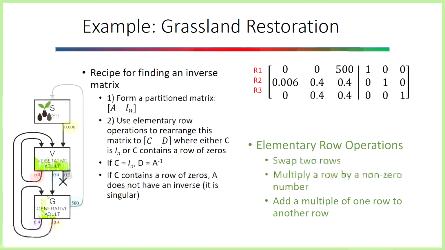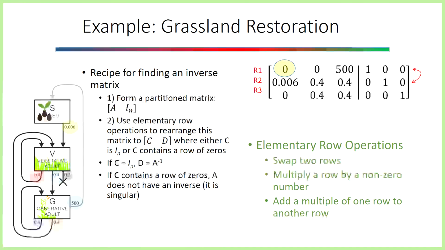When it comes to using the elementary row operations to get the identity matrix on the left-hand side of this partition matrix, we're really just following the same procedure that we did when trying to solve a linear system of equations. So let's think of it like that and define our first pivot. We want our first pivot to be in the top row. But there is a 0 in that position and a non-zero number below it, so we want to swap the rows to get the non-zero entry into the top row.